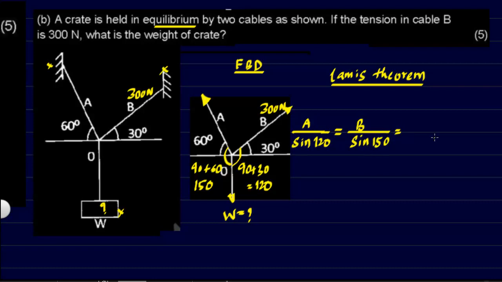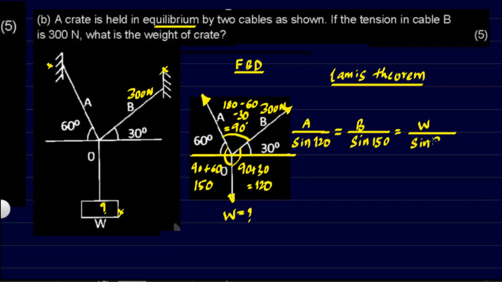And the same principle can be applied for the last force, that is W. So W divided by the sine of the angle between the other two forces, which is this. Now we can see this angle over here is a straight angle, that is 180. And from that we are subtracting the other two angles. So that gives us 90 degrees.